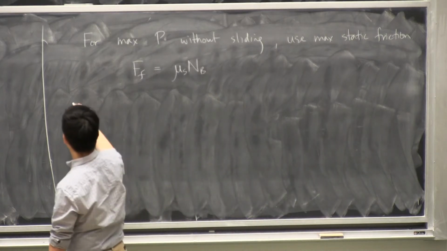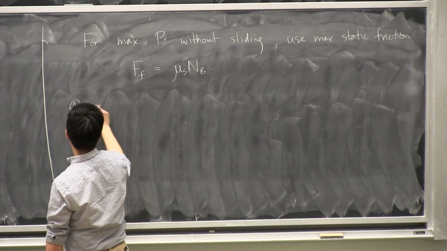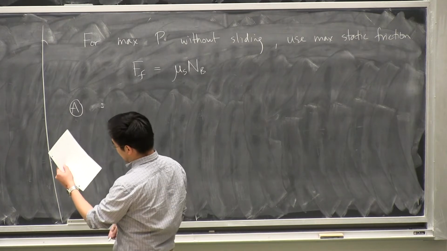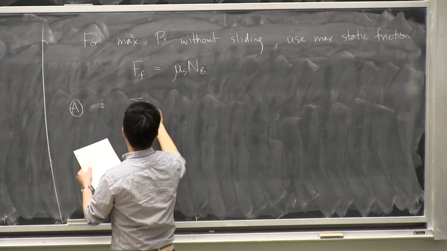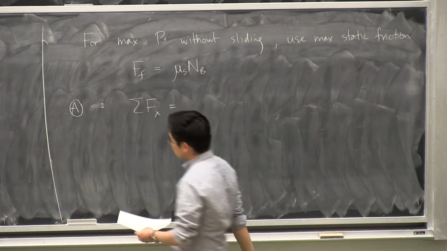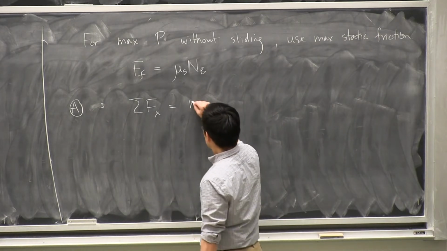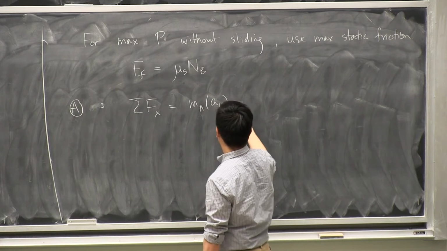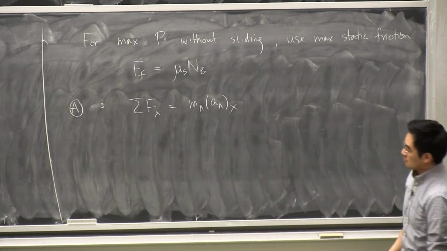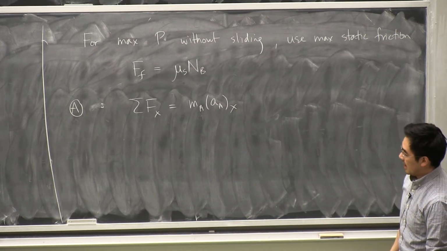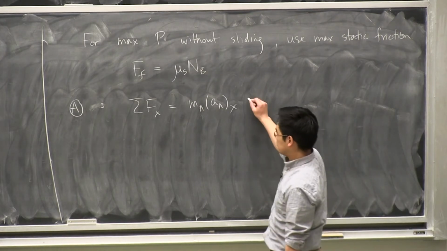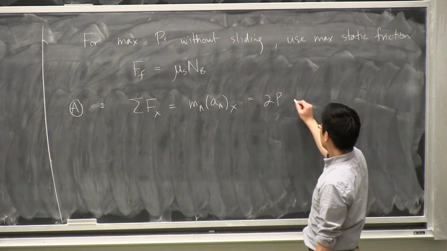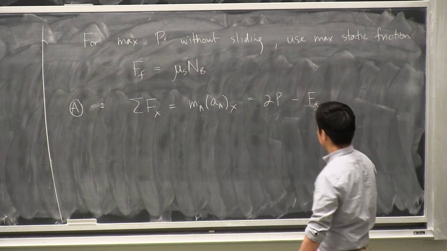So now we can do our equations. So here's our block A equation. Our block A equation looks like this. Sum of forces in the x is mass of block A multiplied by acceleration of A in the x. And looks to me like this will be 2P minus Ff.